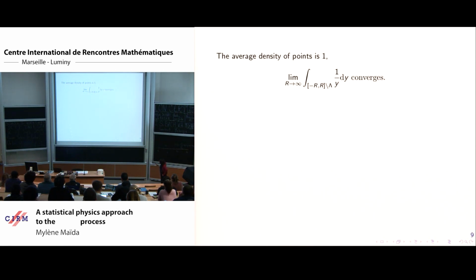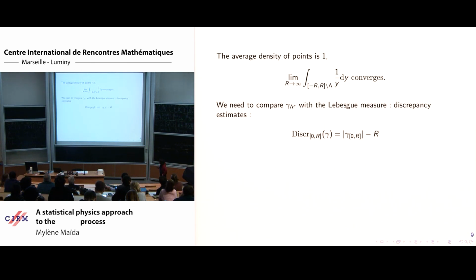And this is convergent, okay? Not in absolute value, but if you take here a symmetric interval, this is going to be convergent. And what you have to do is to compare your configuration, so a typical configuration under sine beta, with the Lebesgue measure. So it has to be well spread in a sense.